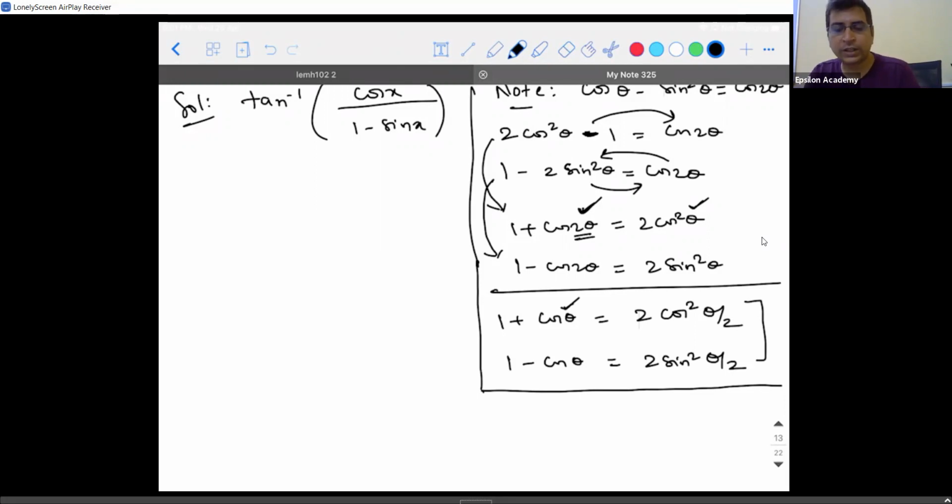So wherever you see 1 and cos theta, there are two possibilities. They can either be 1 plus cos theta or 1 minus cos theta. These are the possible outputs: they can either be 2 cos square theta by 2 or 2 sin square theta by 2. Clear? There is another type of combination also, which is 1 plus sin x and 1 minus sin x.